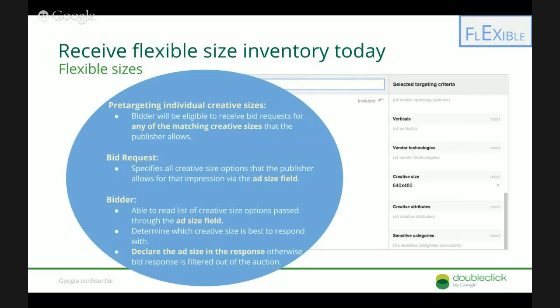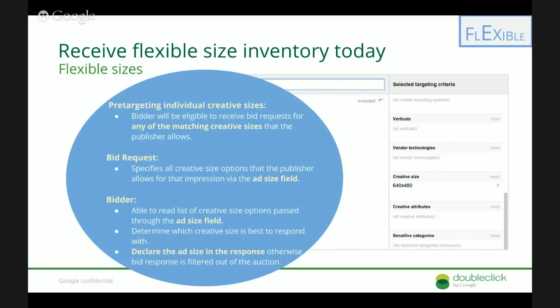If the bid request is for an impression that allows multiple sizes or flexible size inventory, you will see multiple ad width and height dimensions pass through the ad size field. So the bidder will need to actually parse through the list of options provided for the ad size and determine which one will be the best for their advertiser purposes.